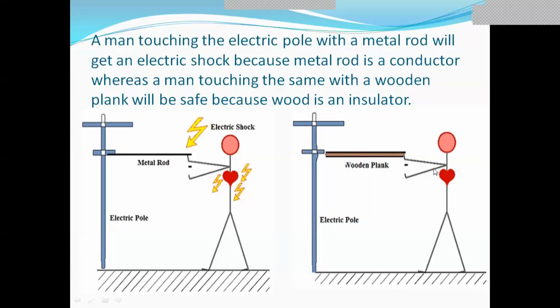So the person on the other side will not be affected anyway. Therefore, in this second picture, the person is said to be safe from the electric shock. Therefore, wherever electric repairs are going on, we can see persons taking precautionary measures to avoid electric shocks by using insulators.